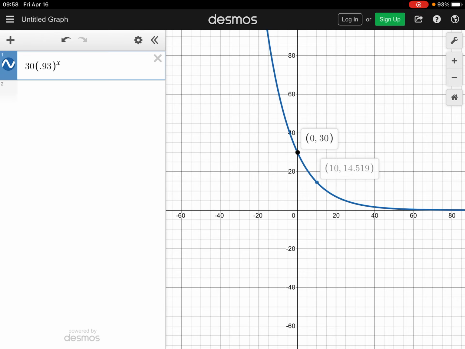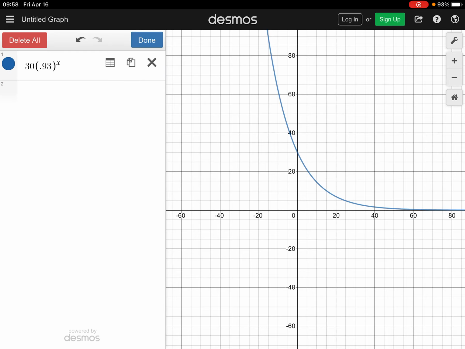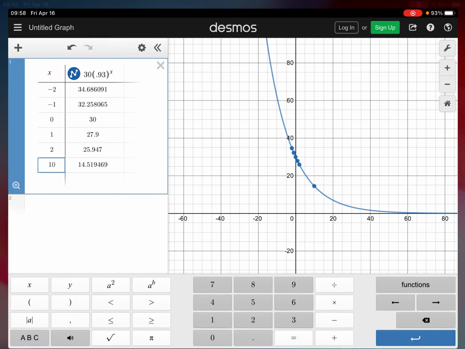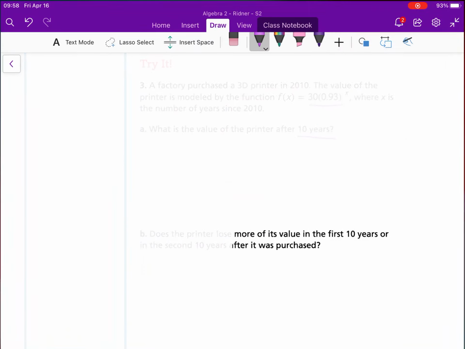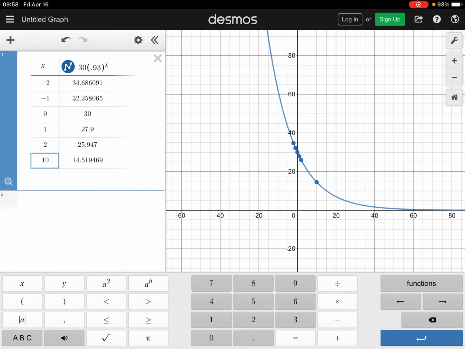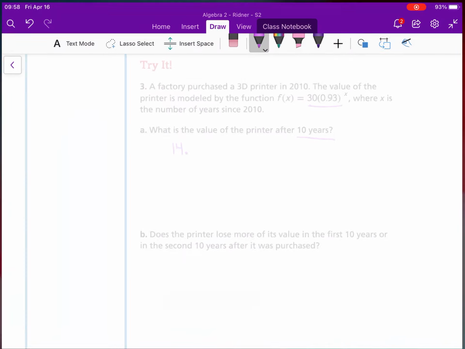So there's my answer. Or your other option is to hit settings and hit table and type 10 here. So 14 and a half. So 14, I didn't look at that as money, so 14 and 52 cents.